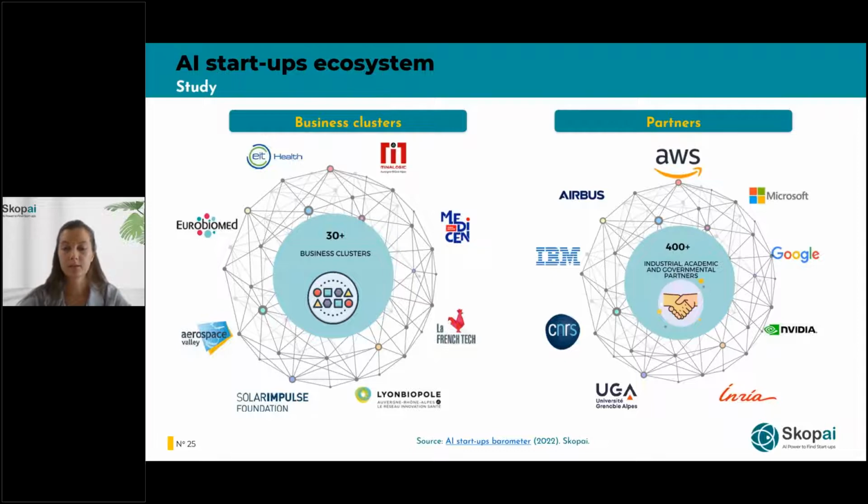And finally, startups have built relationships with more than 400 different industrial, academic, and governmental partners in order to develop innovations and commercialize their products. As examples, you can see some of the companies such as Microsoft, Google, IBM, Airbus, or Amazon Web Services.